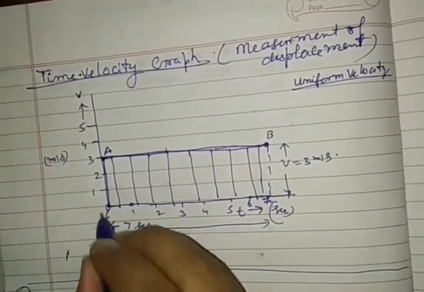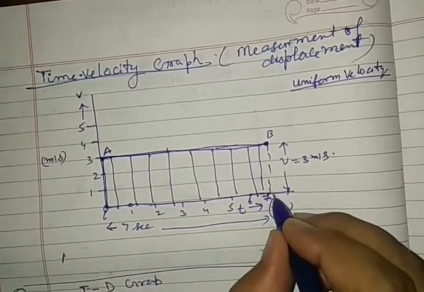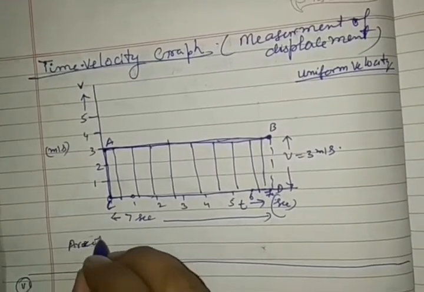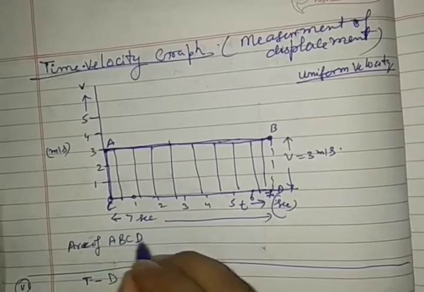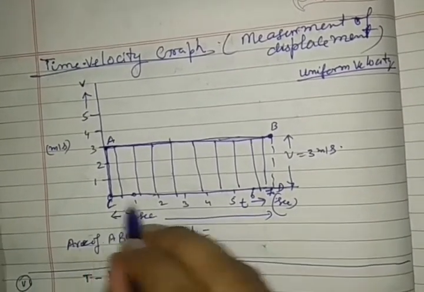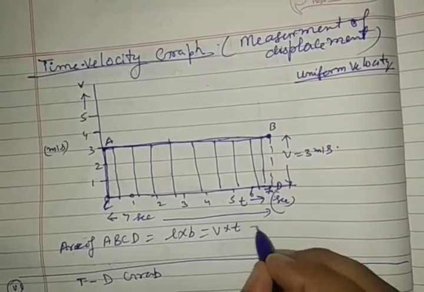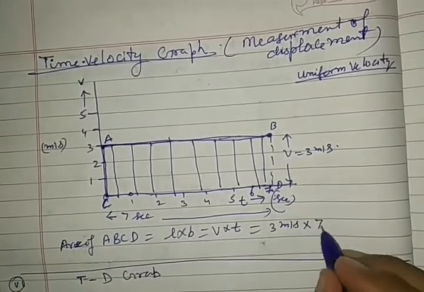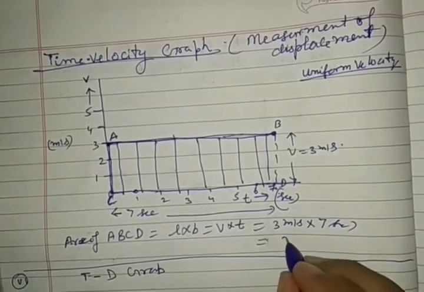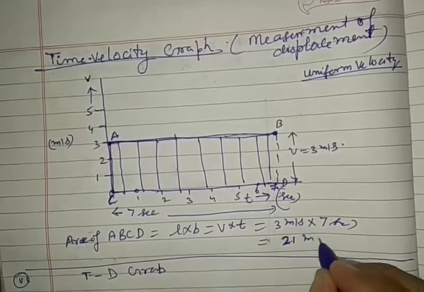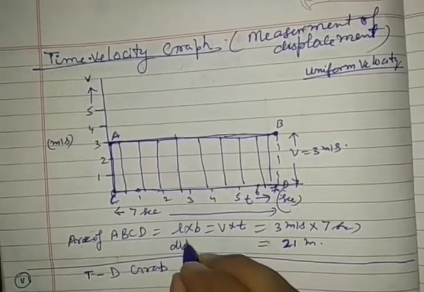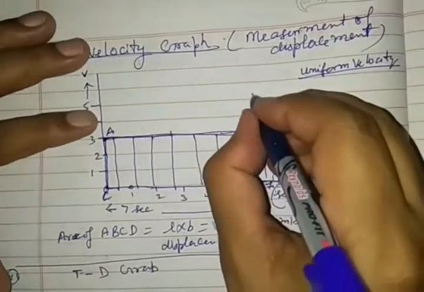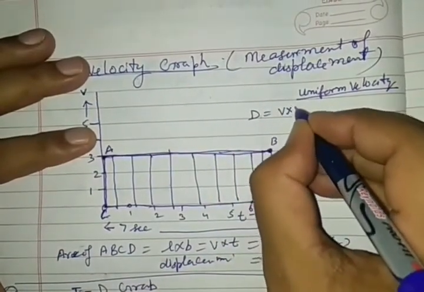If we say this is the initial point, and B, C, D, suppose here. So area of ABCD is equal to length into breadth. So it is velocity into time. Velocity is given 3 meter per second into time is 7 second. So it is 21 meter. Actually this denotes displacement. Velocity and time. So see here the formula, displacement is equal to velocity into time.